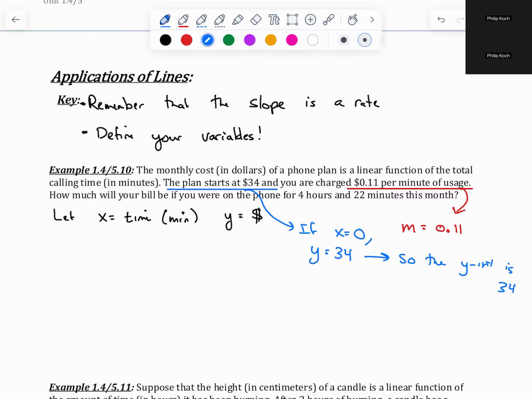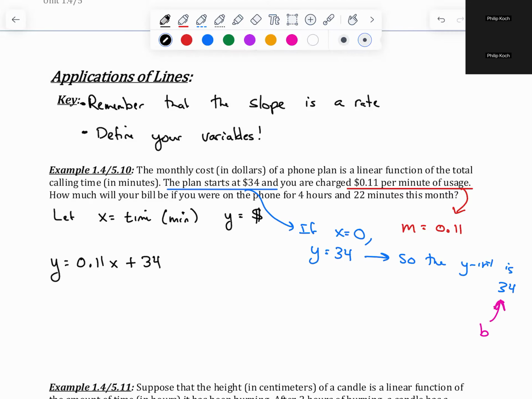Remember, the y-intercept is where you cross the y-axis, and that happens precisely if your x variable is 0. So that gives you your b value. So we actually have everything we need. This is b. So we have that the equation should be y equals 0.11x plus 34.